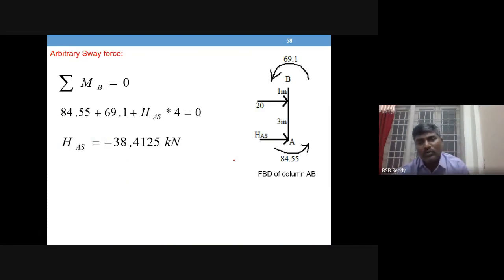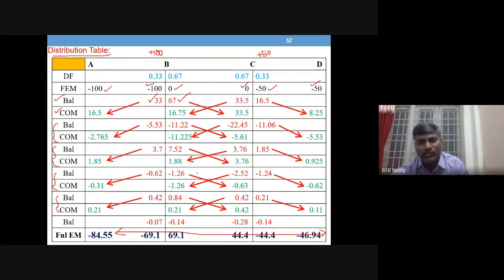You know for which value S dash you have got these moments, and you know exactly what the sway force S is from the earlier analysis. For a particular value of S dash this is the moment, and for a value of S, what is the moment? Likewise, you have to change these moments.